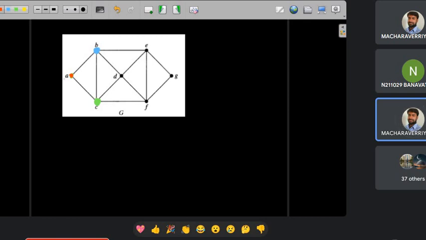So next, what shall we do? The next thing, you see the vertices which are not adjacent to A. I can see E, F, G and D also.